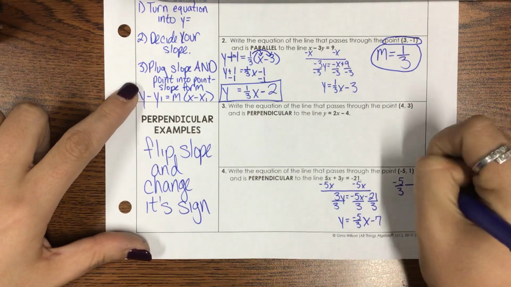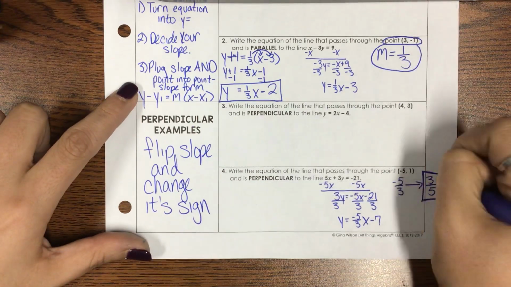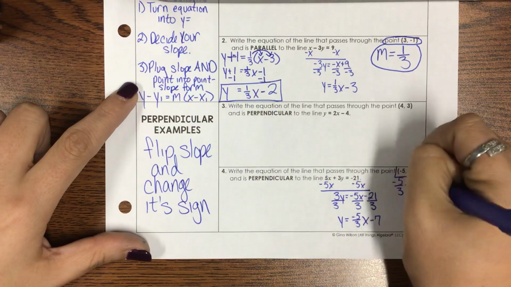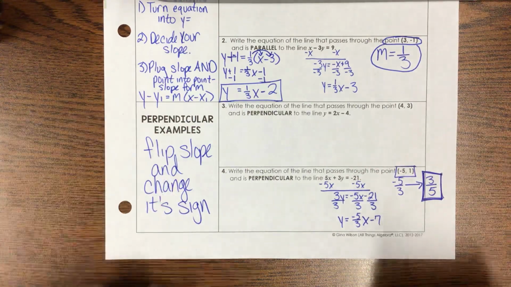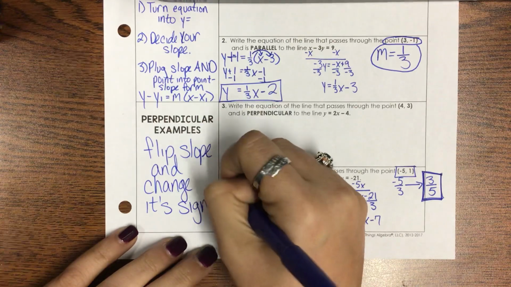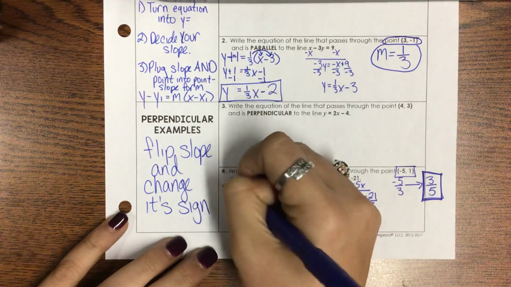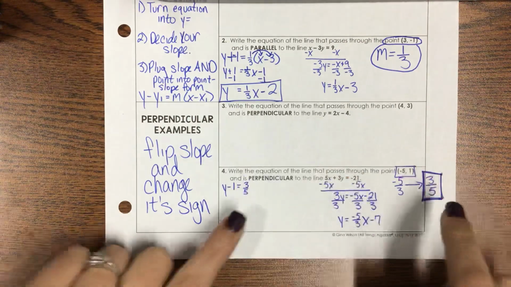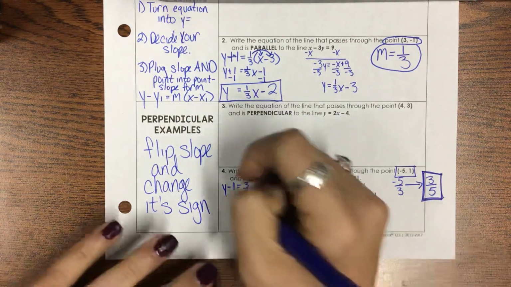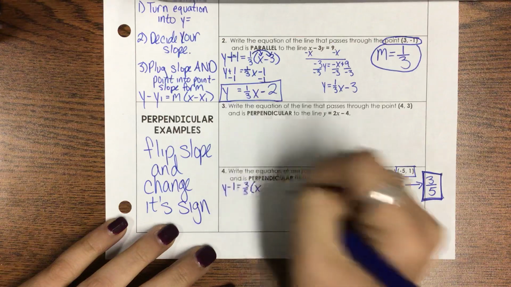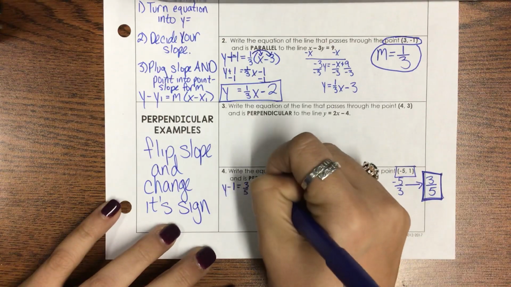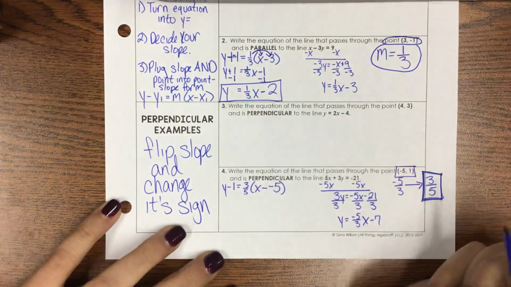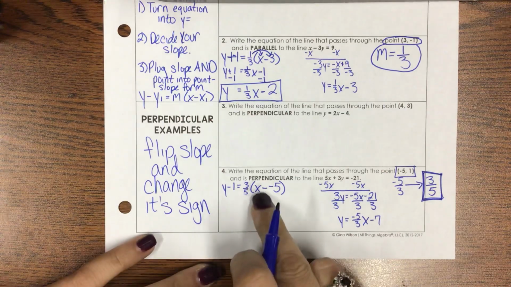I'm going to use this number, my flipped slope, and this point. So y minus y1, which is 1, equals my negative reciprocal slope, which is 3/5, times x minus x1, which is a negative 5. So I'm going to do the same thing.